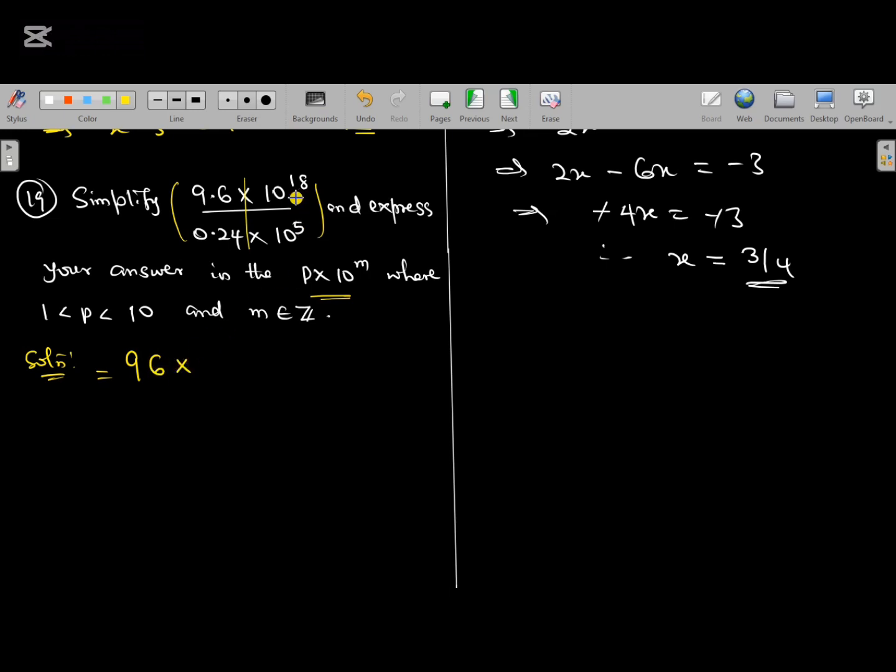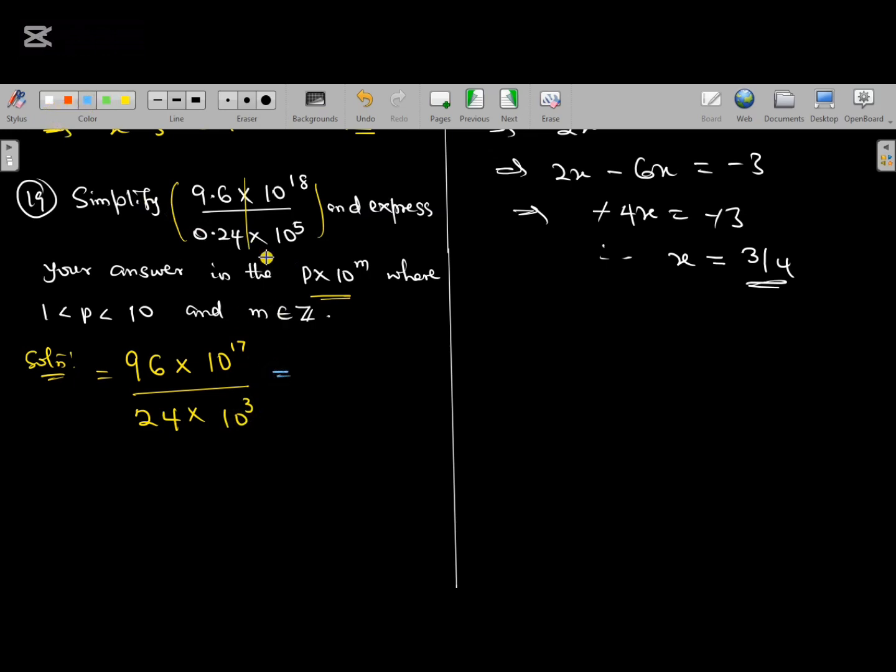And since I've removed 10, it's remaining 10 to the power of 17, all over. Now to convert this one to a whole number, I will need 2 tens, which is 100, and that will move this decimal point to the front. So that is 24. Then multiply by 10 to the power of 3, because I've removed 2.